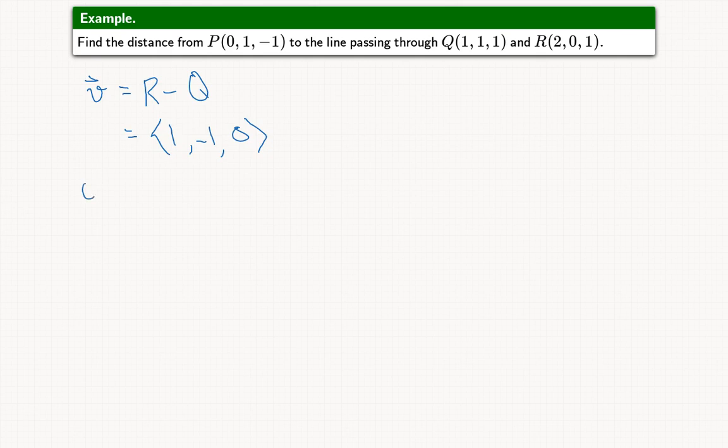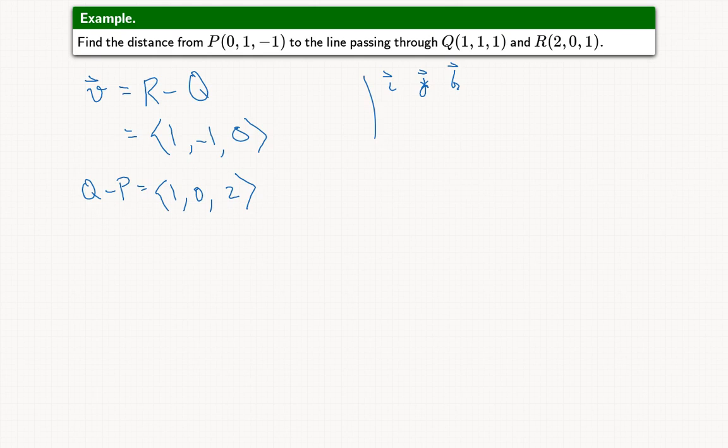Now Q minus P is 1, 0, 2. And so we want to take the cross product of Q minus P and R minus Q, so that we've called V.